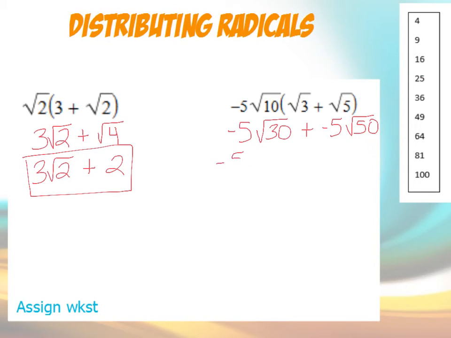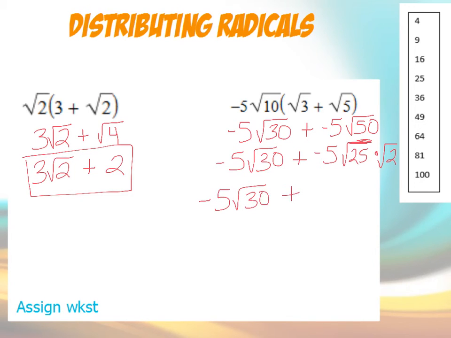Let's go ahead and reduce the second part. The first part will have to stay put. The second part will become a square root of 25 times the square root of 2. That leading part just keeps getting dragged down, doesn't change.